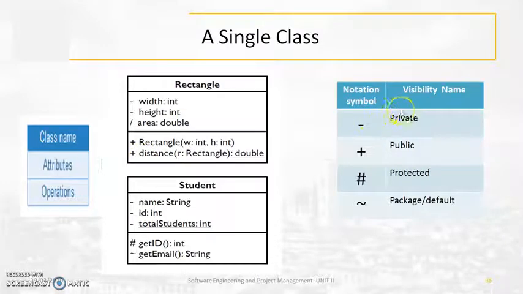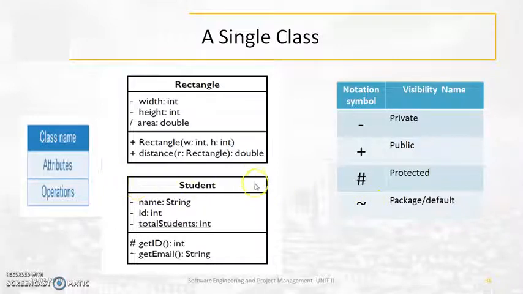Minus indicates private visibility, which can be accessed only by its class member functions. Plus indicates public, which can be accessed by any other class. Hash indicates protected, which can be accessed by the subclasses of this class. A similar type of classes grouped together is called a package, or default visibility, which is tilde.